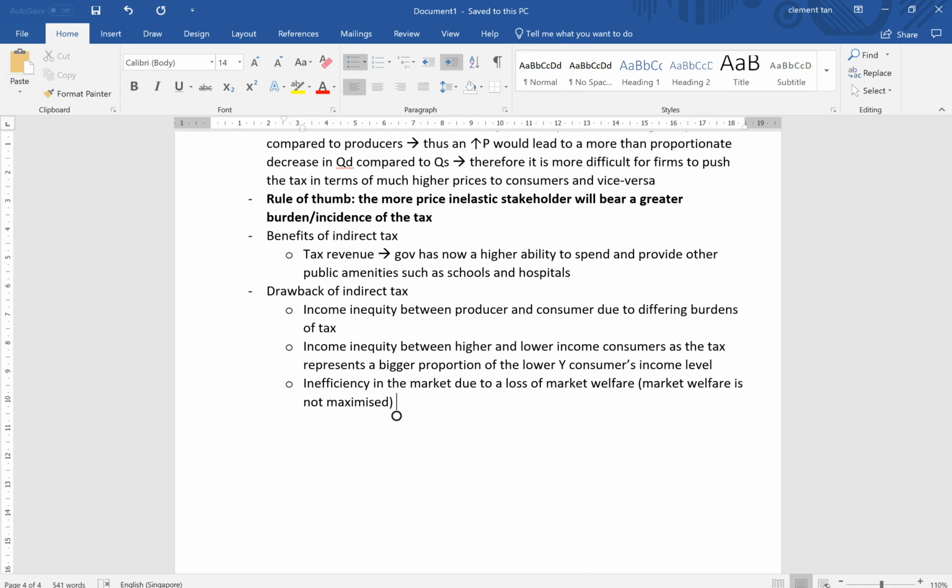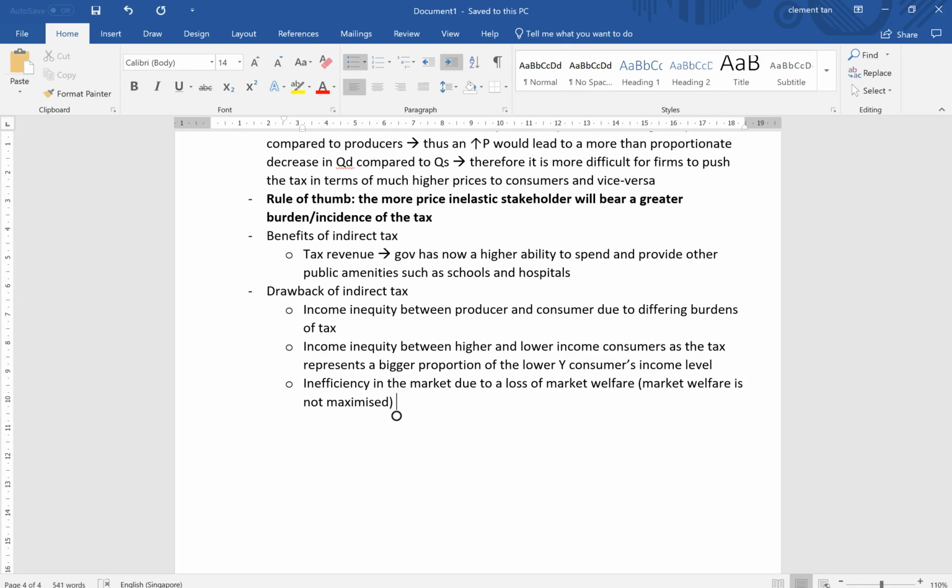Today, later after this, I will go through incidence of subsidy, and we look at the case study question inside one of the notes, and that's it.